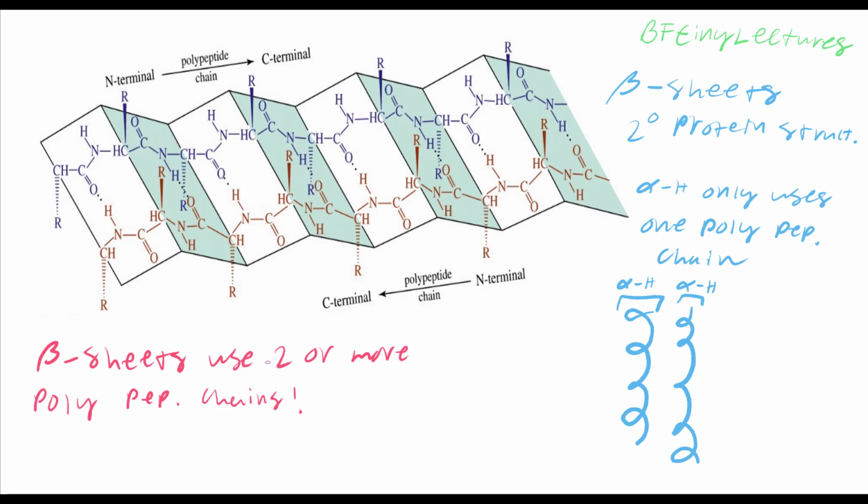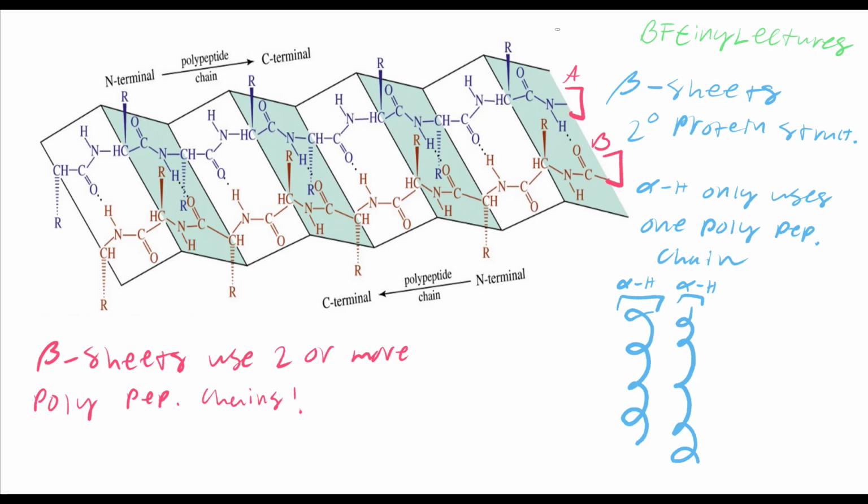It is important for you to know that usually one strand, let's call this the A strand, and let's call this the B strand. Usually beta sheets are made from hydrophobic polypeptide chains combined with hydrophilic polypeptide chains. So let's say that A is going to be hydrophilic.